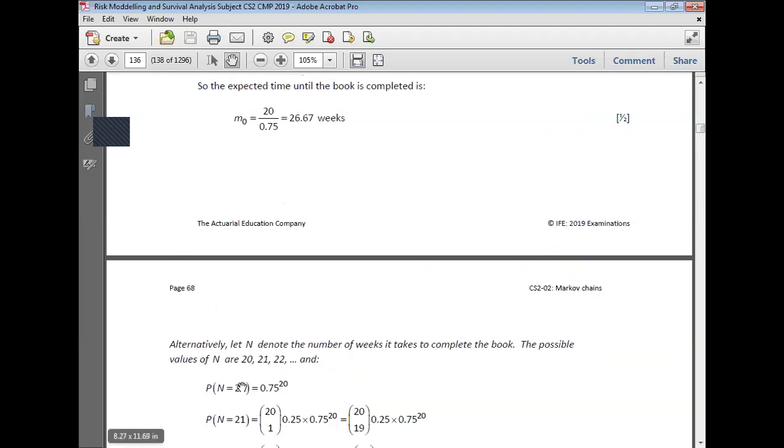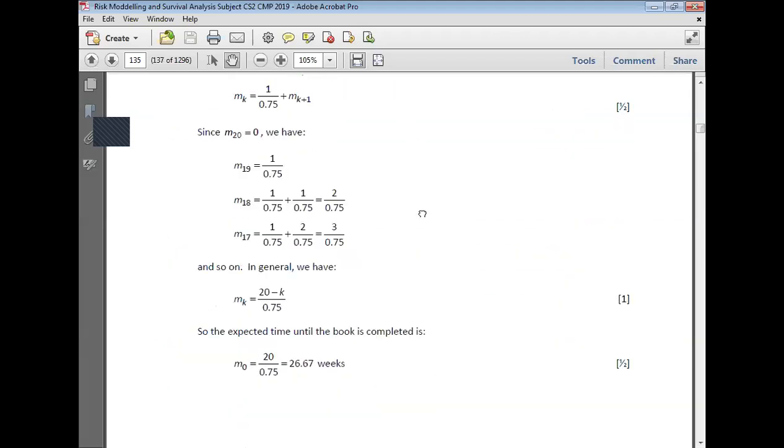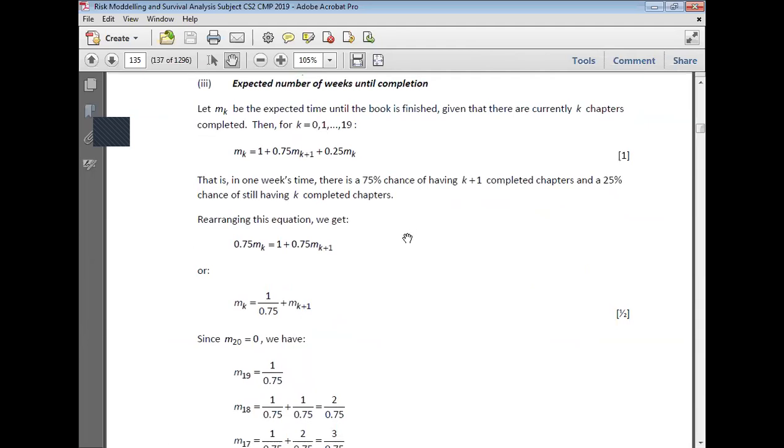For people who do want to know how to solve this using the other method, let me just try to explain. What I'm going to do here is assume that M_K is the expected time until the book is finished, and K is the number of chapters that you have completed so far.